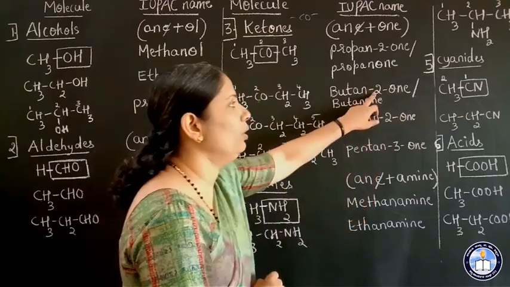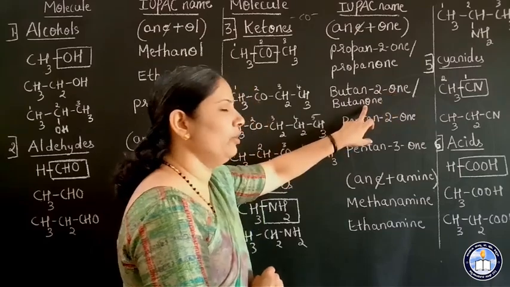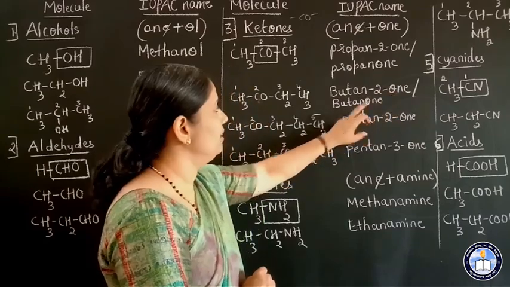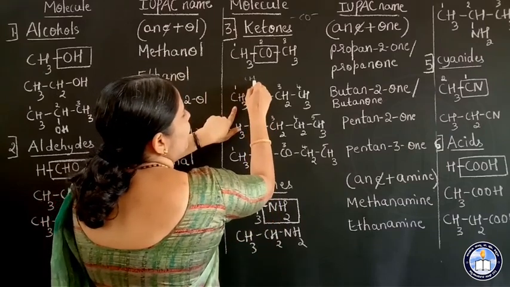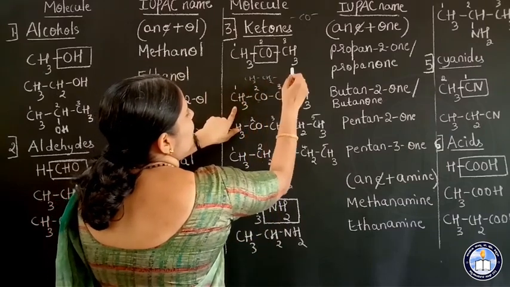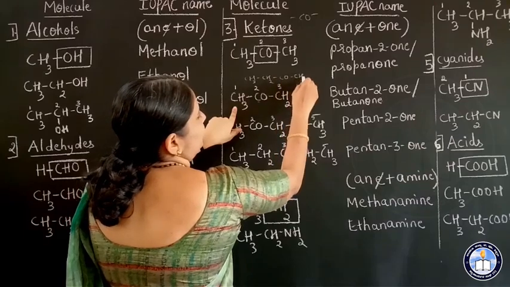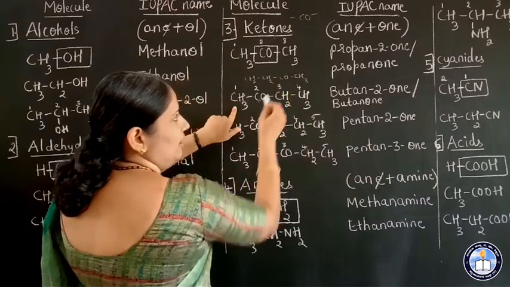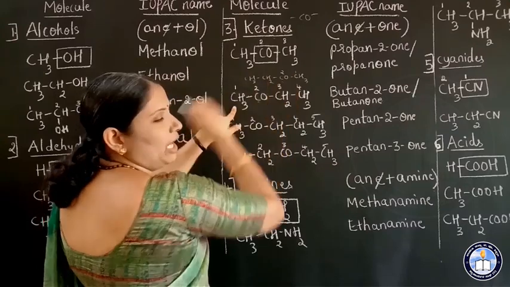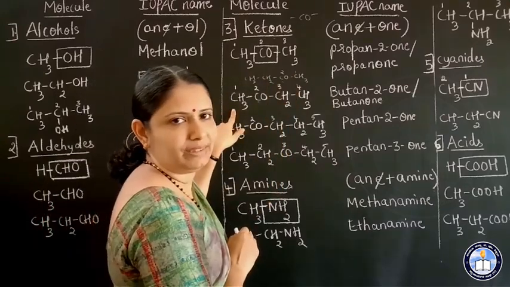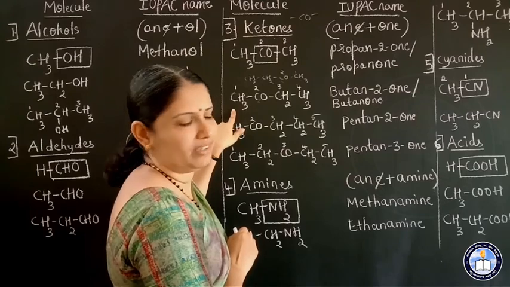Either you can write the locant before ONE, or if you don't write it, it is understood. Now suppose you write CH3CH2COCH3 in this way. The locant will be 2 for this carbon of the carbonyl group, isn't it? So that does not change.